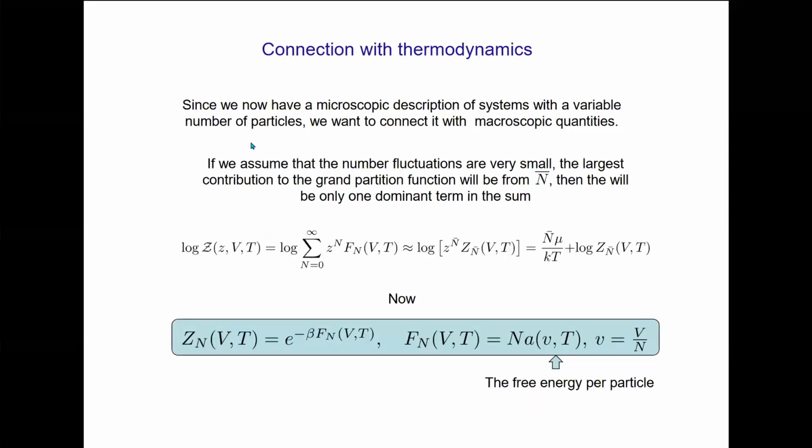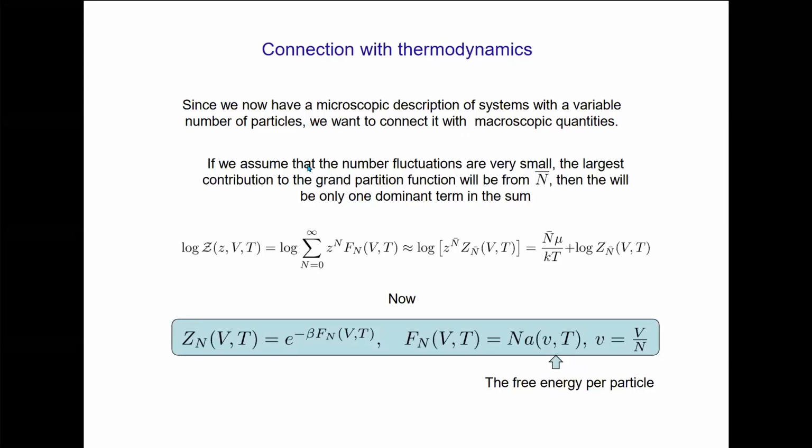Okay, so the next question. Now we have a microscopic description of systems with a variable number of particles. We want to connect it with macroscopic quantities like pressure; temperature is fixed, so pressure is the quantity of our interest.